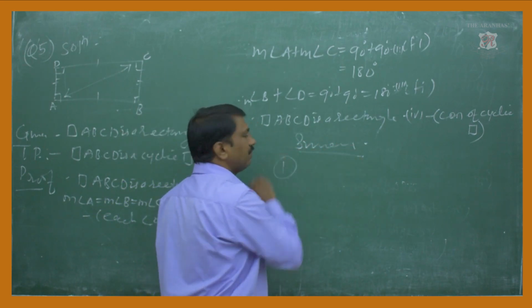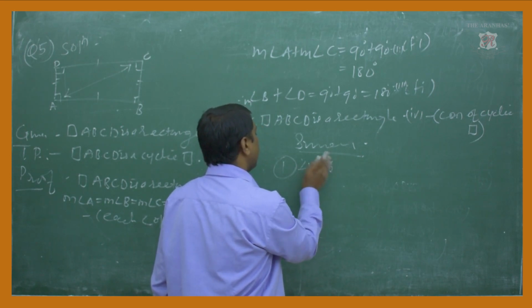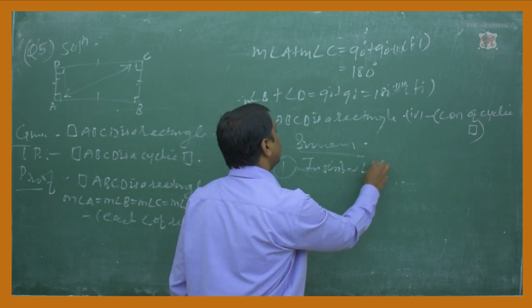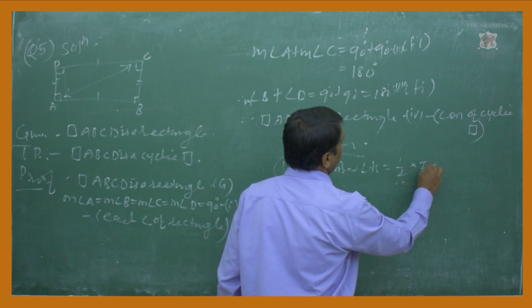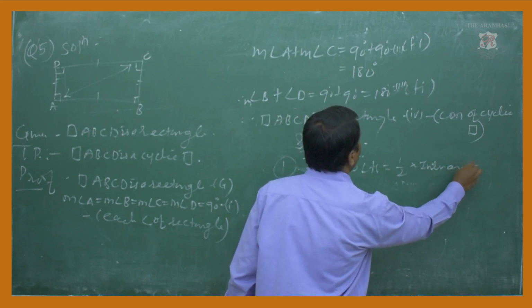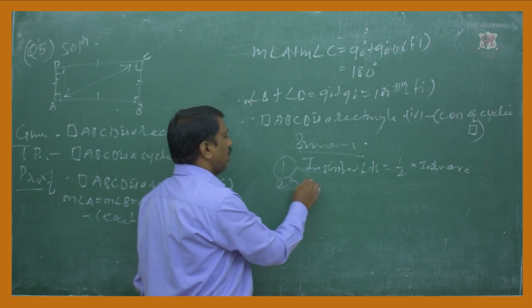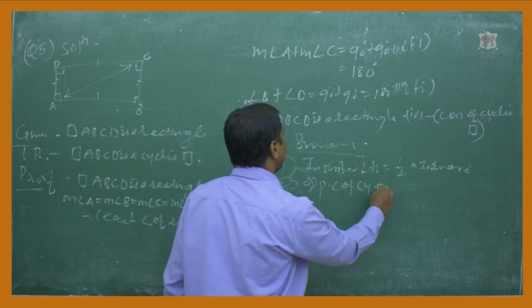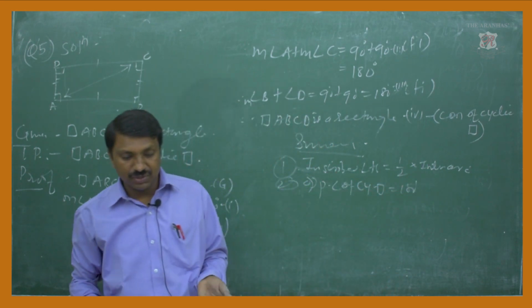We applied the inscribed angle theorem: an inscribed angle is always half of the intercepted arc. That is one concept. The second we applied is opposite angles of a cyclic quadrilateral are supplementary. So this concept also we applied.